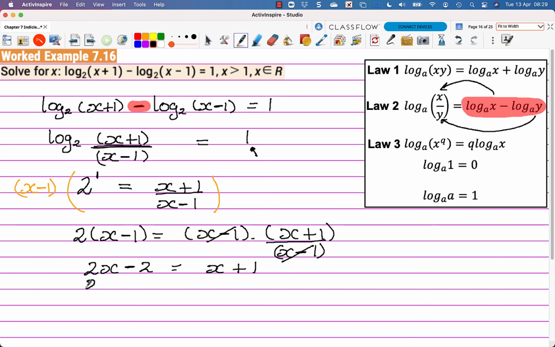It's a basic linear equation, so bring the x over to the left, bring the numbers over to the right, and we end up with x is equal to 3. Don't forget, you must always check that the solution satisfies the original equation, which it certainly seems to do, because it says up here x has to be greater than 1, and indeed x is equal to 3.